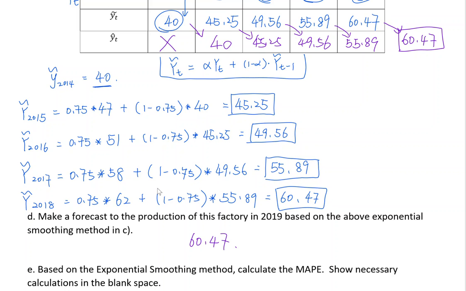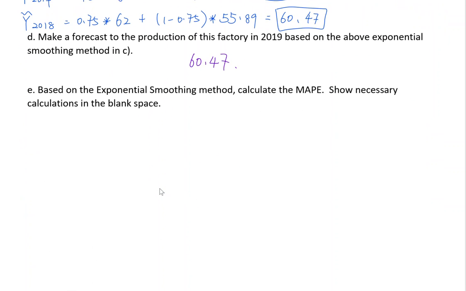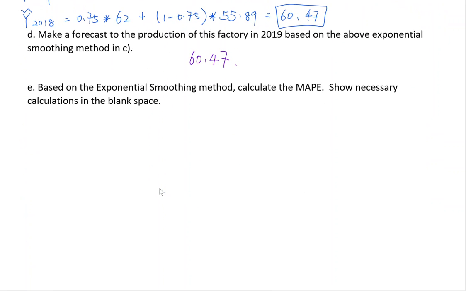Alright, so the last question is, based on the exponential smoothing method, calculate the MAPE, and show the necessary calculations in the blank space. Alright, so what is the formula for the MAPE?